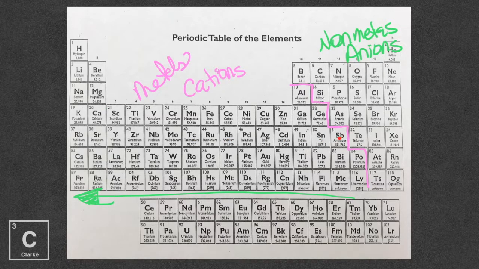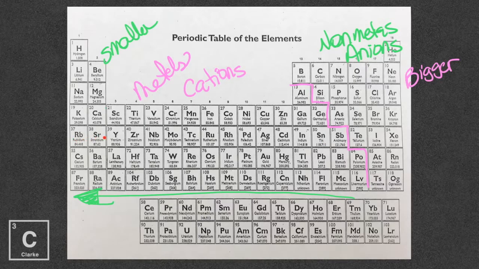But here, when we jump across the metalloids and go from cations to anions, we get a sudden jump. Because remember, cations are smaller than their neutral element, and anions are bigger than their neutral element. So if we're going across the periodic table and we're talking about cations, all of these are going to be cations, so we're going to follow that trend.